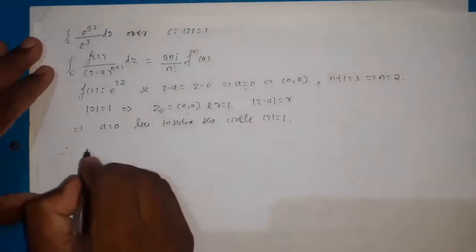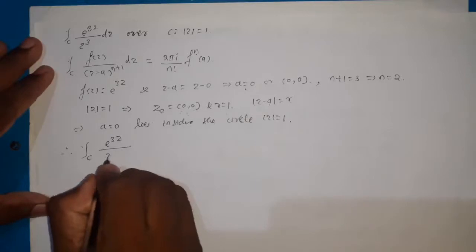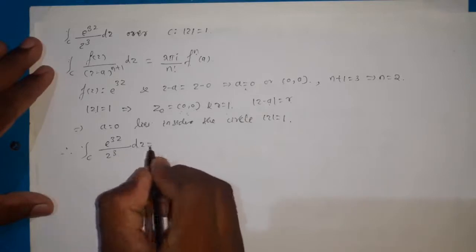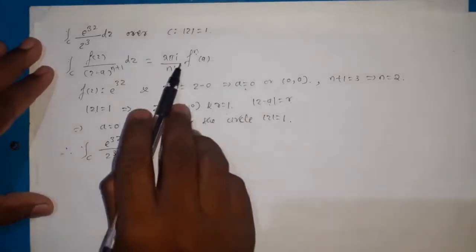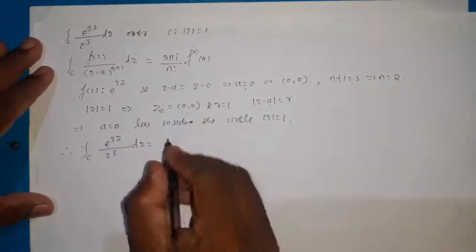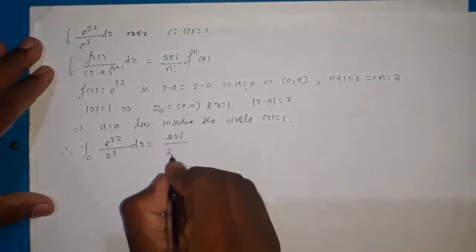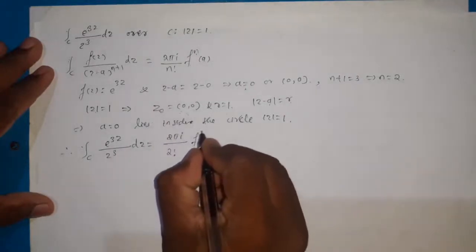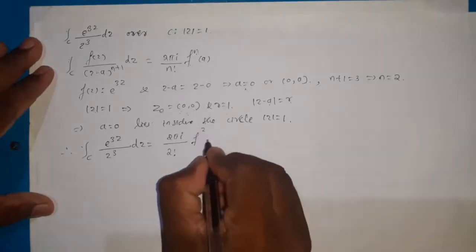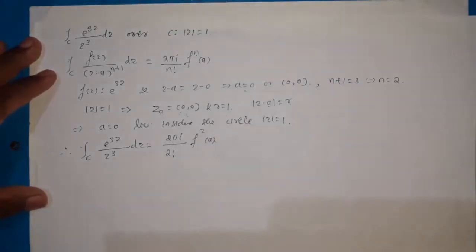So therefore integration over c e power 3z divided by z cube dz equal to, now put the values of n and a in this formula. So this is 2 pi I divided by n factorial, that is 2 factorial, and f power 2 of a. f power 2 means we need to differentiate f of z with respect to z 2 times.